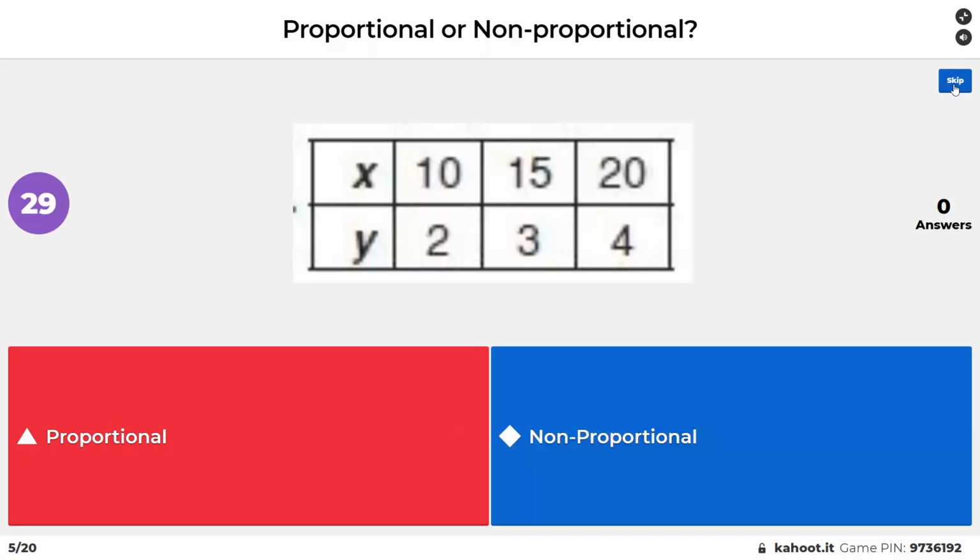All right, remember, to figure out if it's proportional or not, you're going to take y divided by x. So take your y values divided by your x values. If you get the same number all the way down, this is what we did in week 1 of this unit.